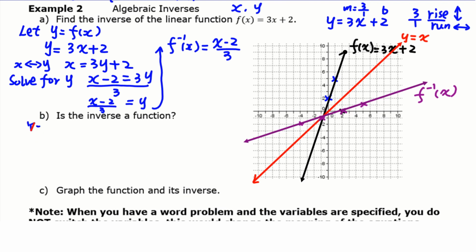Yes, because it passes the vertical line test.